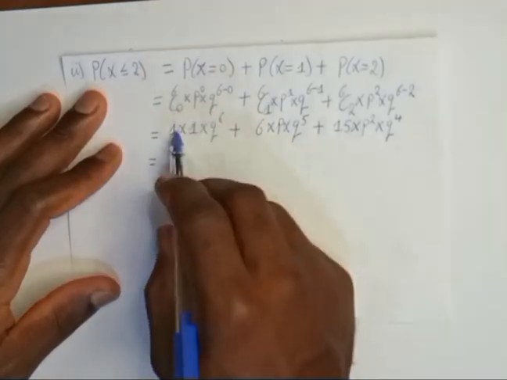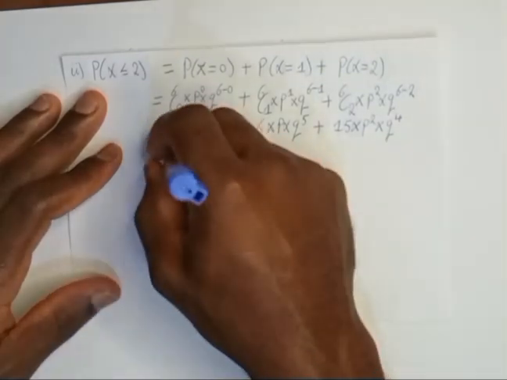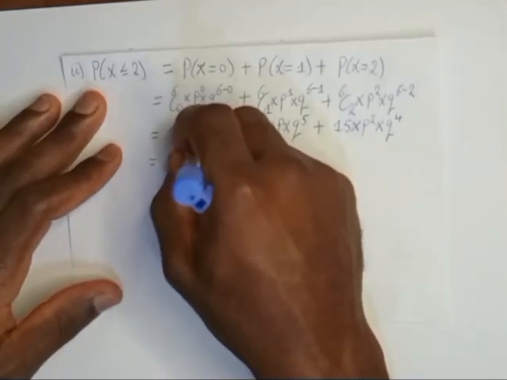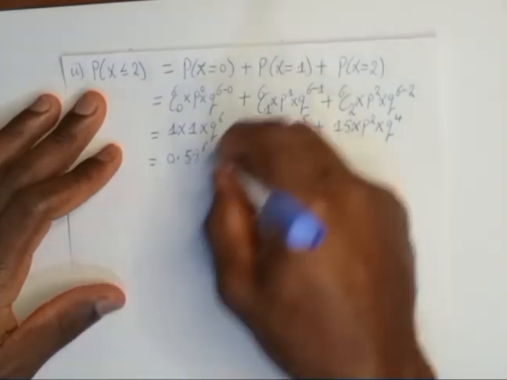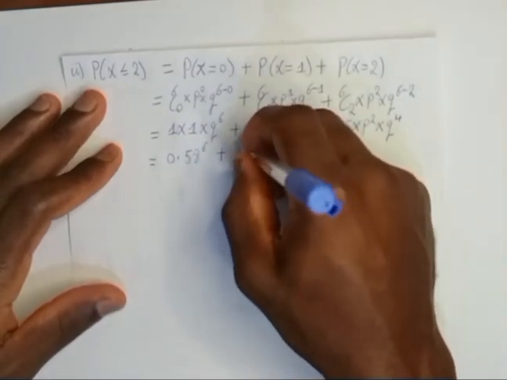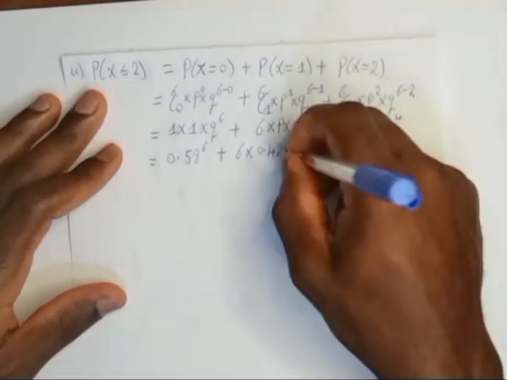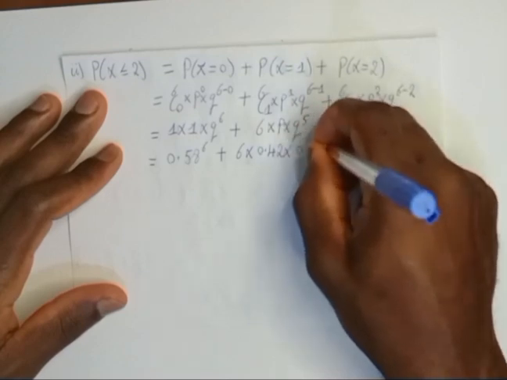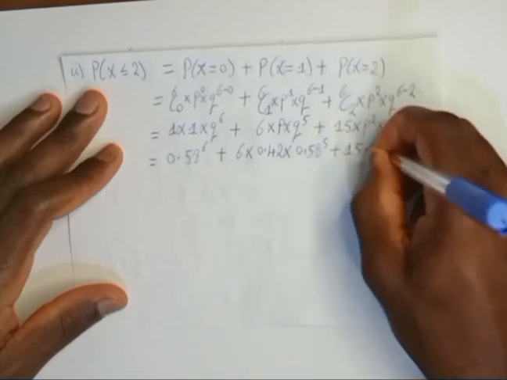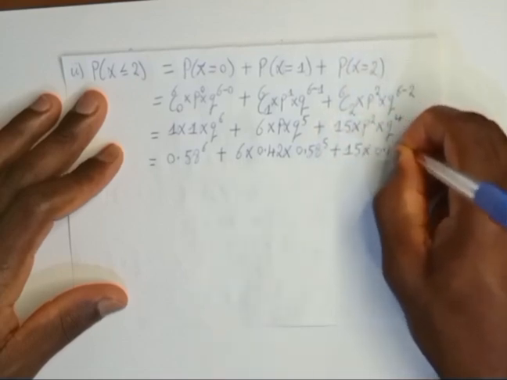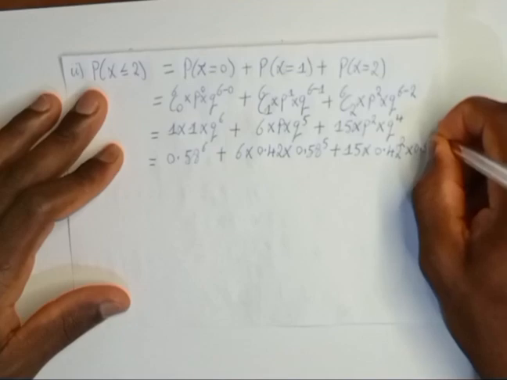So this will give us 0.58 to the power 6, plus 6 times p, which is 0.42, times q, which is 0.58 to the power 5, plus 15 times 0.42 squared times q, which is 0.58 to the power 4.